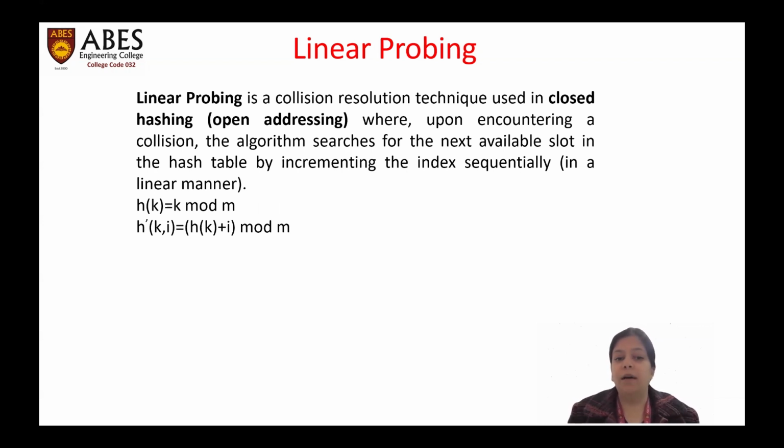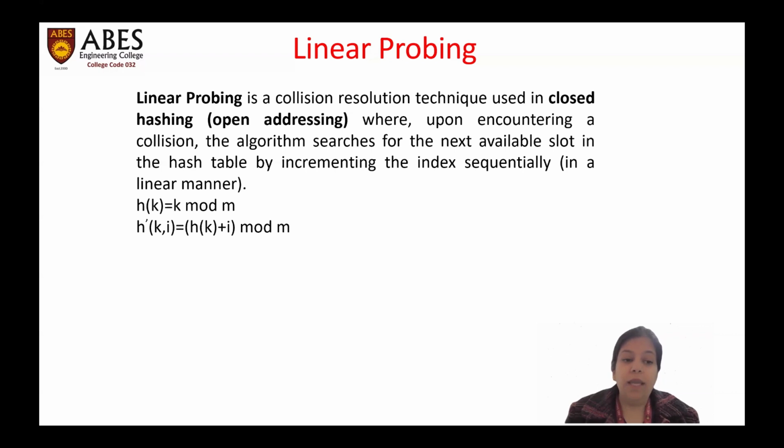Now, in open addressing, as has been discussed in the video, there are various techniques. The first technique for open addressing is linear probing. Linear probing is a collision resolution technique used for open addressing where upon encountering a collision, the algorithm searches for the next available slot in the hash table by incrementing the index sequentially in a linear manner.